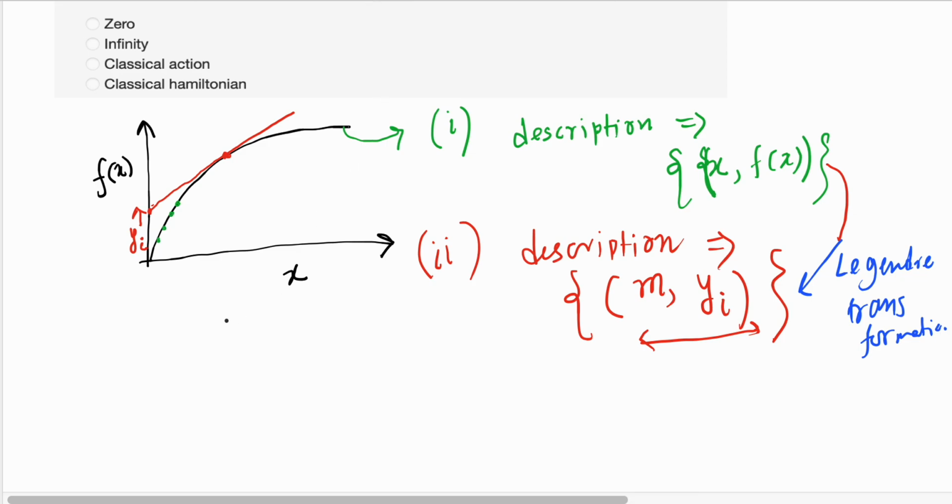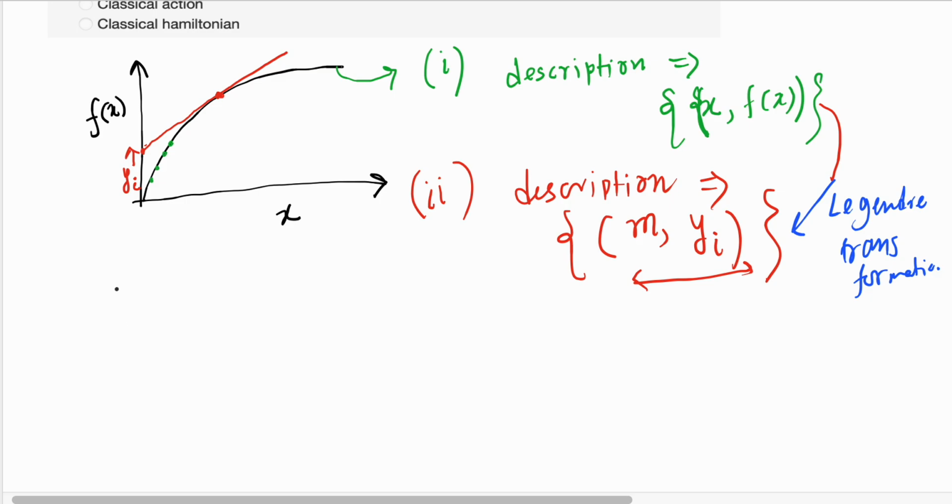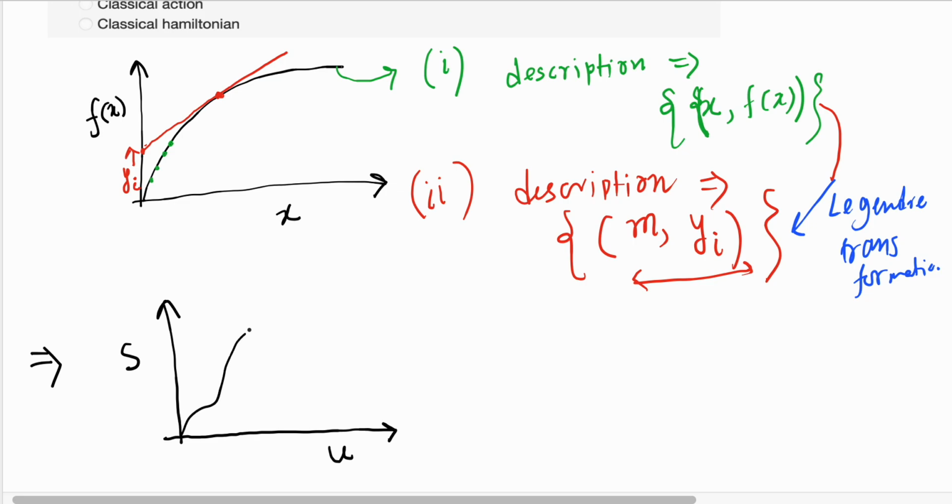Now as we know from class lecture 3, the Legendre transform of the entropy versus, suppose this is entropy versus internal energy, is something like this curve.